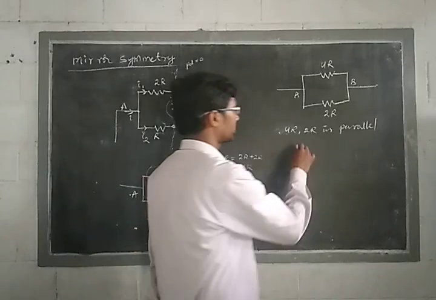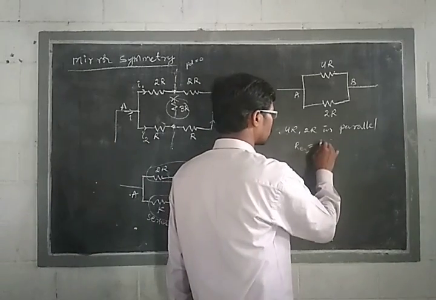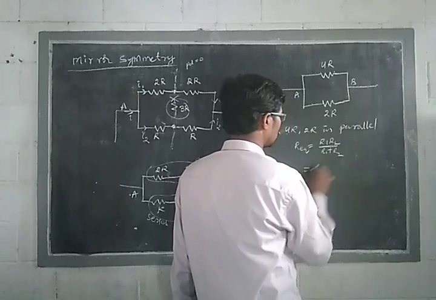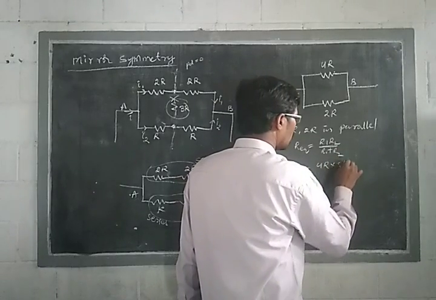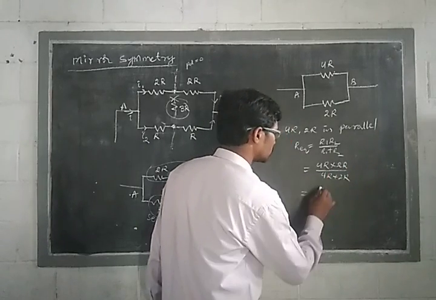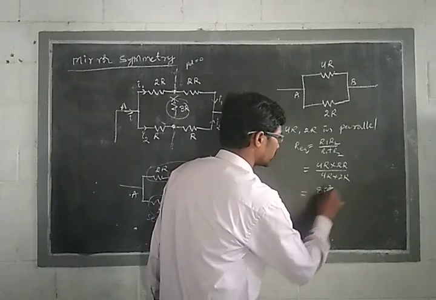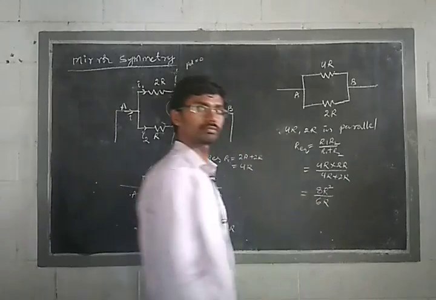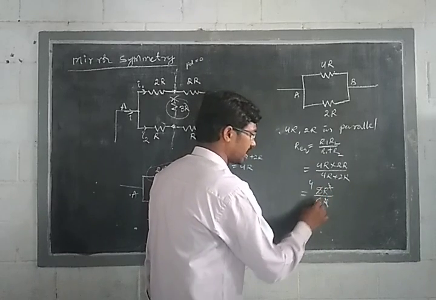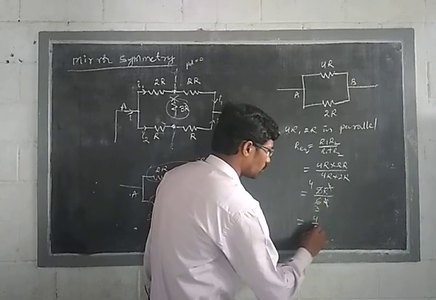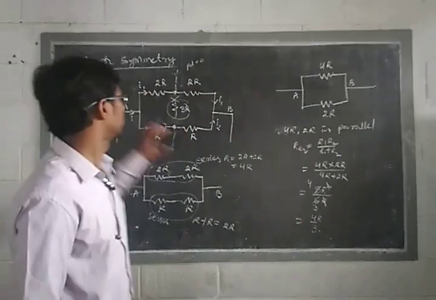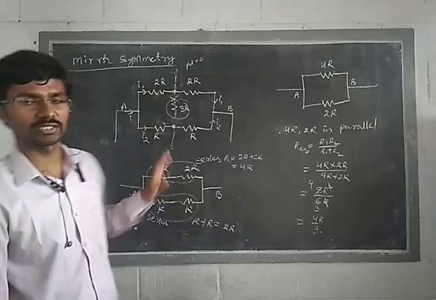Then the equivalent resistance of the network is R1 R2 by R1 plus R2, which is equal to 4R into 2R by 4R plus 2R, that is equal to 8R square by 6R. See that R cancelled here, 4 2 8, 3 2 6, then 4 by 3R is the equivalent resistance of this network which has mirror symmetry.